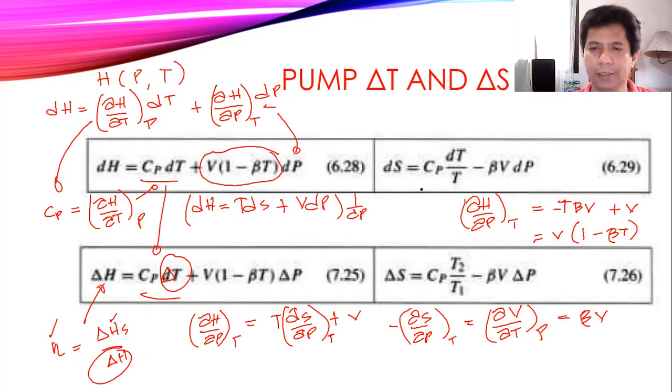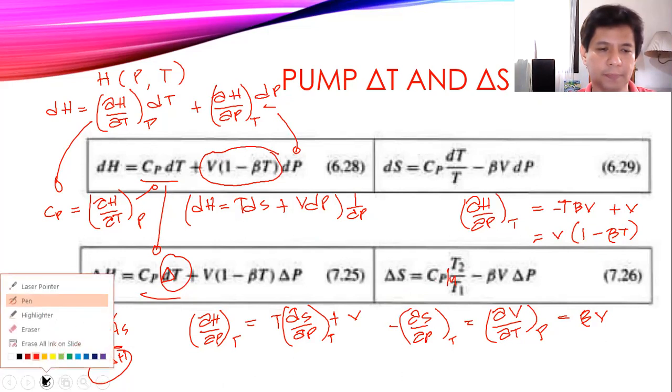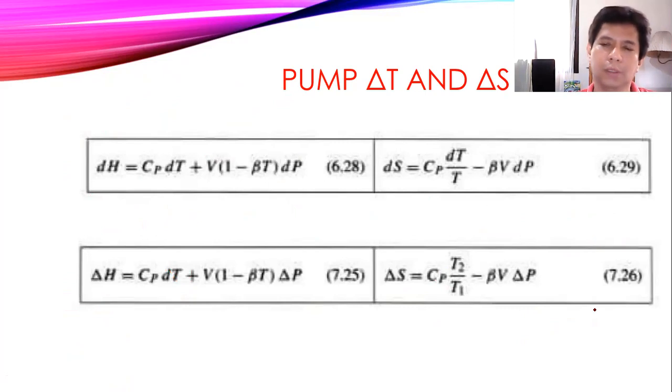Tapos, next, we're going to derive this. This is the formula for delta S. Actually, may ln dito. Basically, ganun din naman yan. Let's clear this up. Kasi basically yung ginagawa lang dito S, kamukha din nung kanina, just assume that entropy is a function of temperature and pressure. Ganun din lamang yan.